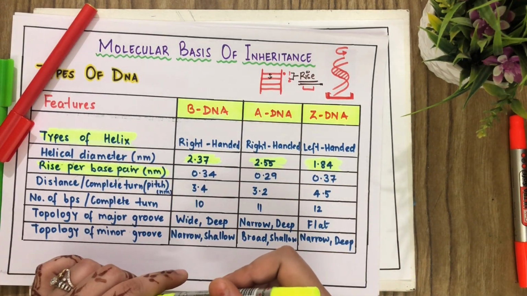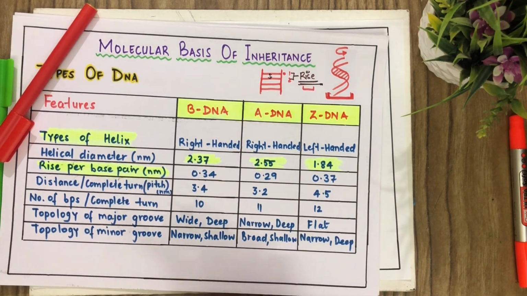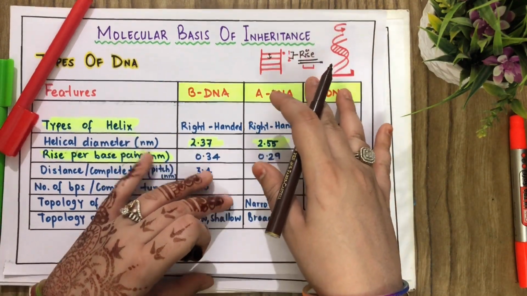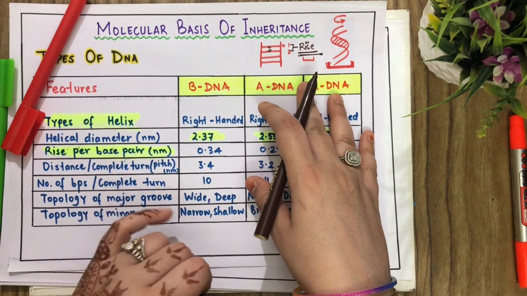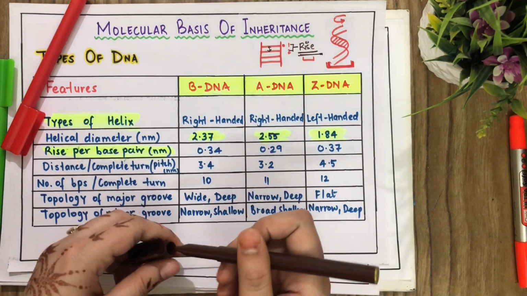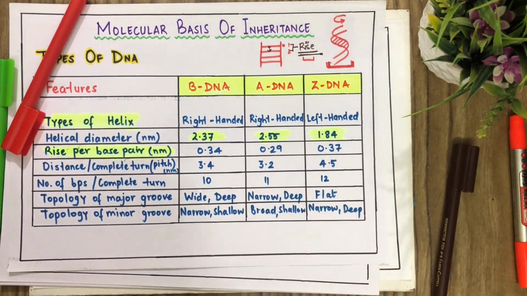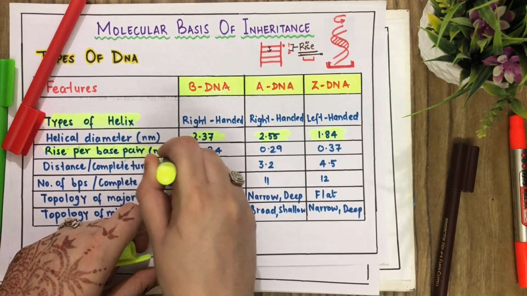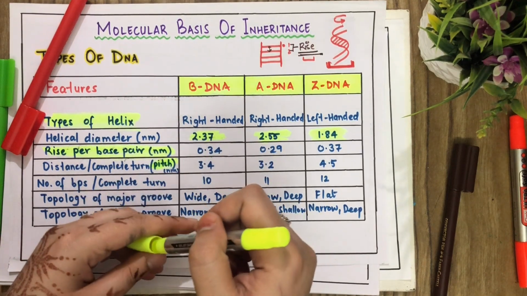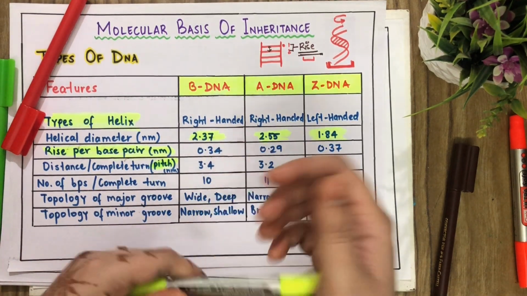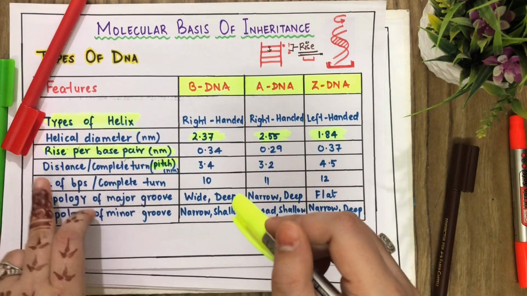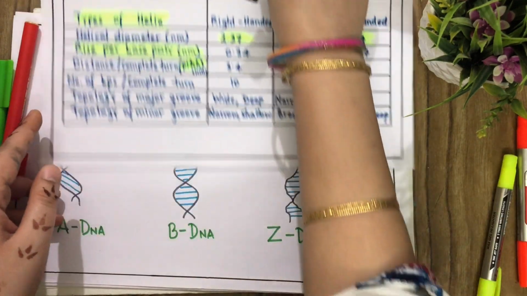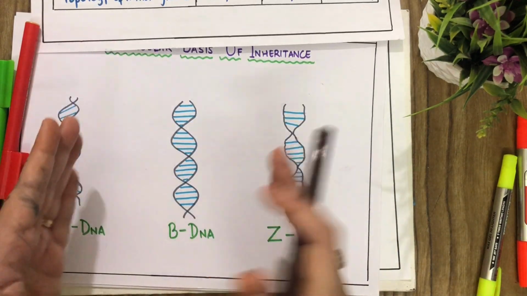Now comes distance per complete turn. Whenever we talk about distance per complete turn, this whole term is known as pitch. You must have heard that questions come asking what is the pitch of this DNA. So pitch simply means distance per complete turn. Let's take this DNA.